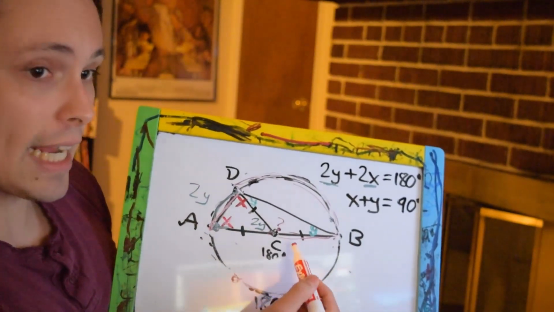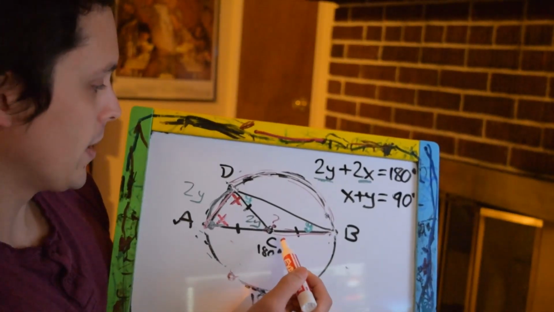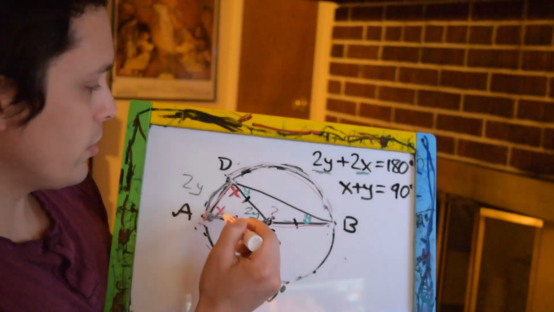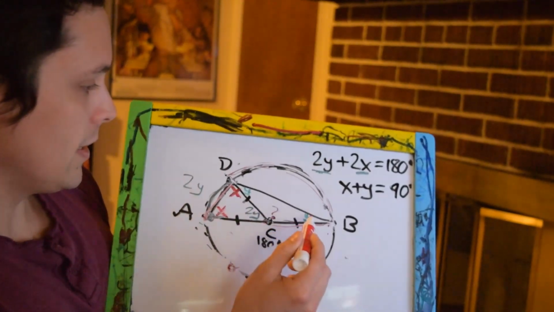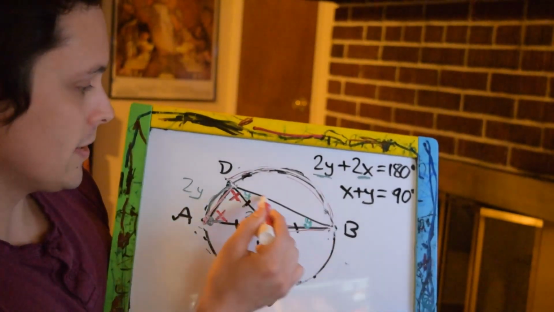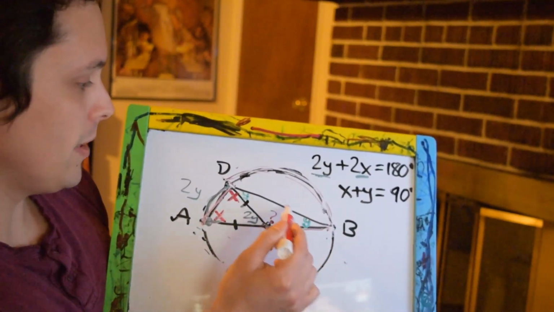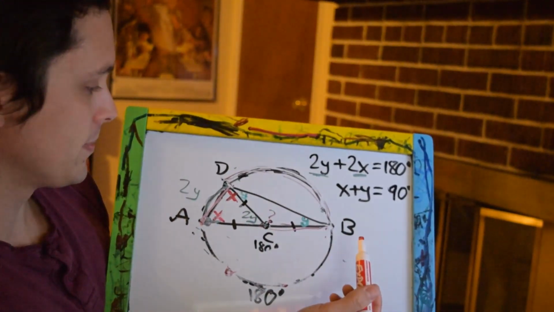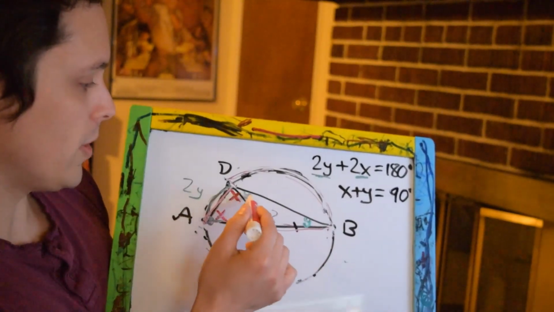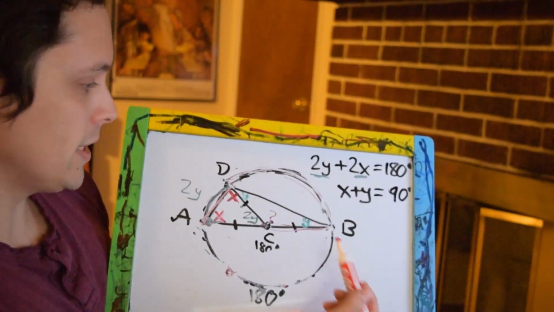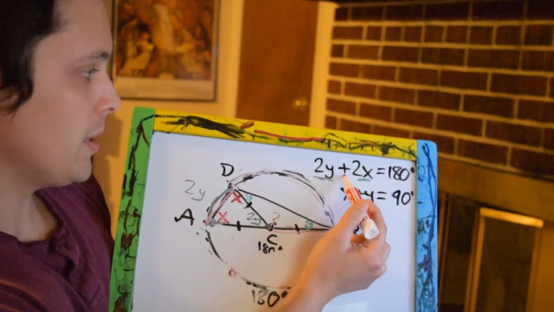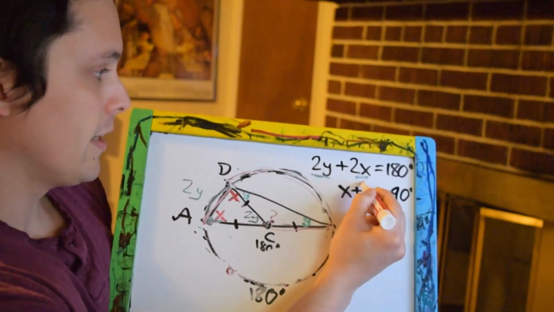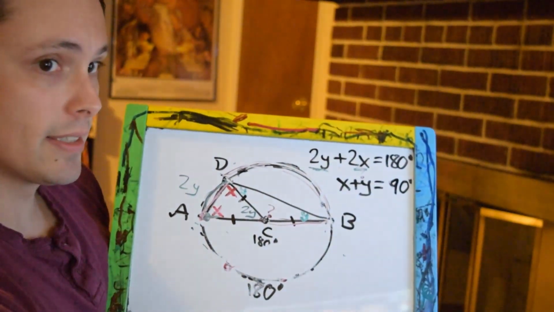Let's check if it actually is in this diagram. Well, in this isosceles triangle right here, we know that y plus question mark has to be 180 degrees. In other words, 2y plus something has to be 180 degrees.